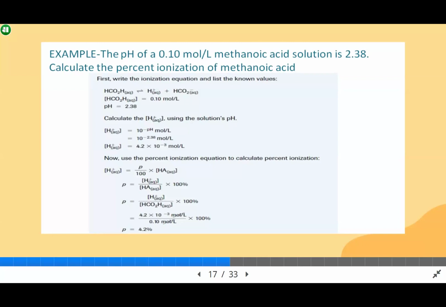The concentration of H plus is P over 100 times HA, but we rearrange that for P. So that's our formula from the previous slide, the concentration of H plus over the concentration of HA times 100. When we plug those values in, we get a percent ionization of 4.2.